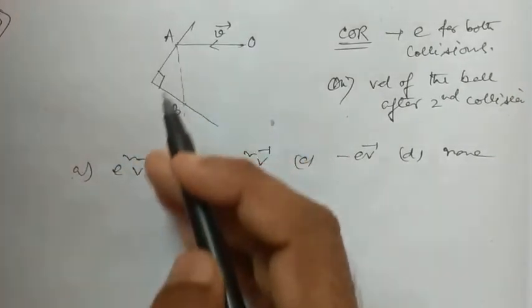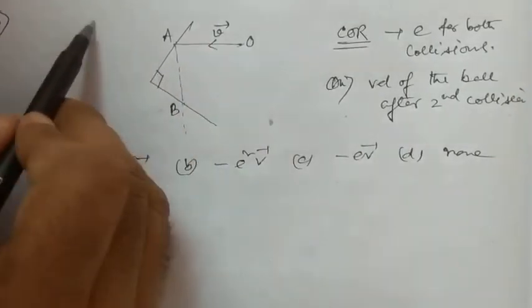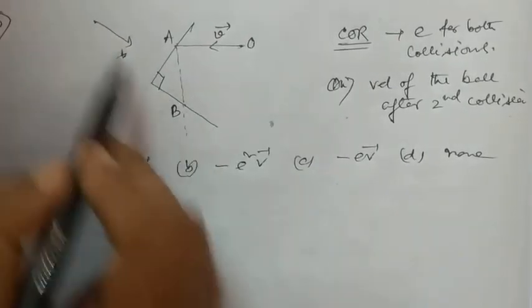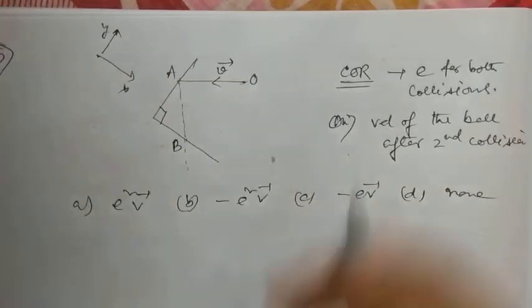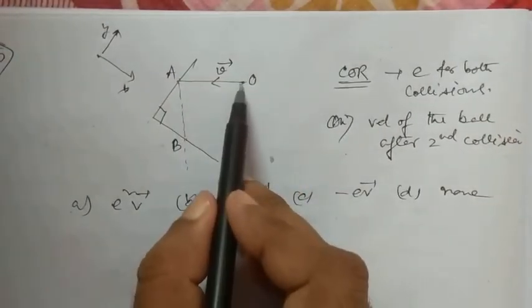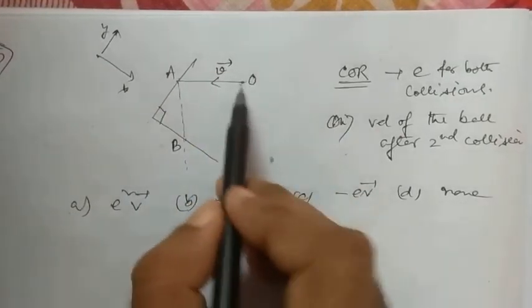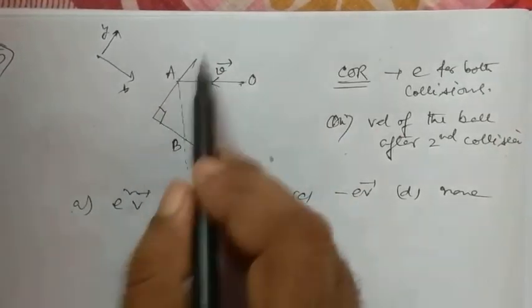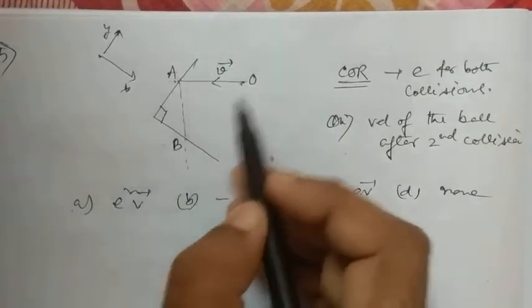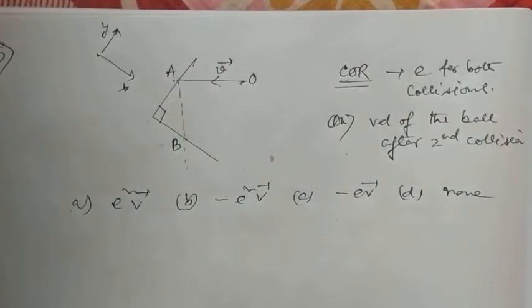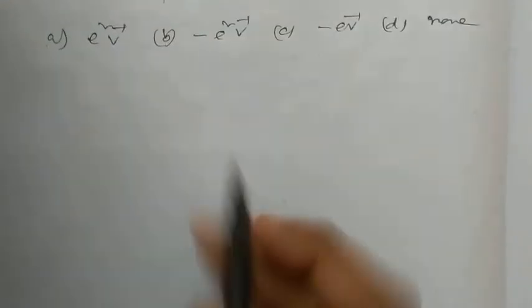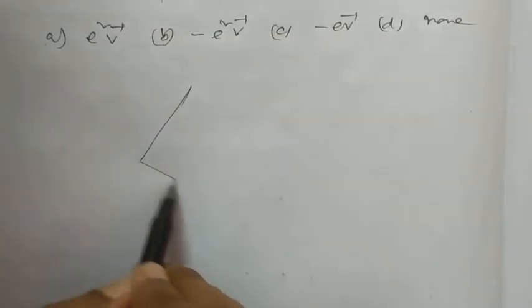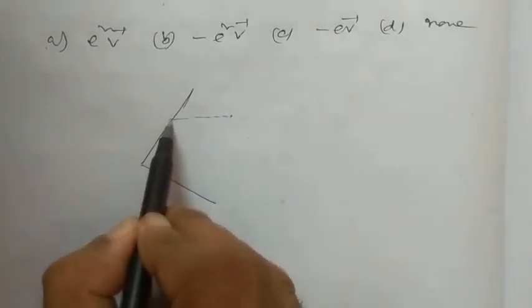If we take the x direction to be like this along this line and the y direction to be like this, then at the first instance, when the ball strikes the L-shaped part at A, we can break this velocity into two components, one along the x-axis and one along the y-axis. The ball is coming and hitting it in this fashion.